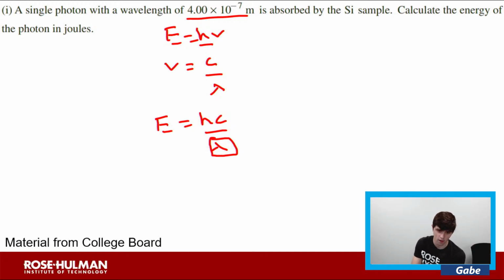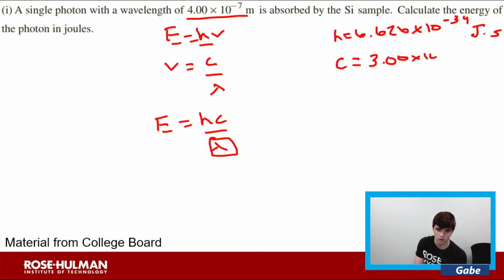It will be written as h equals 6.626 times 10 to the negative 34 joules times seconds. And we know that c in our equation sheet is the speed of light, which will be given as 3.00 times 10 to the 8 meters per second.